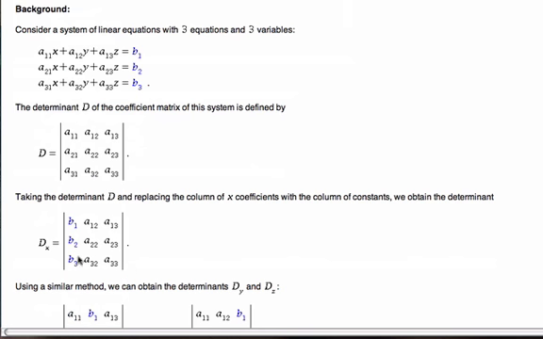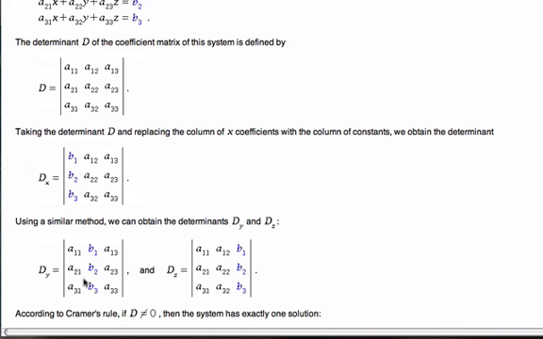If you're going to solve for x, you're going to need this D sub x matrix, which is where you take your x coefficients and replace them with your constants from each of the equations. If you're going to solve for y, then you need this D sub y matrix. You take the constants and replace the y coefficients.